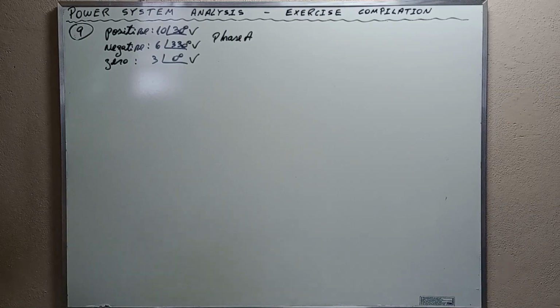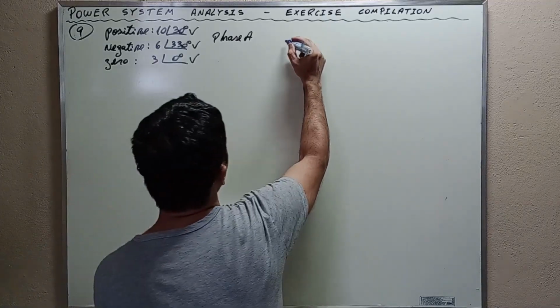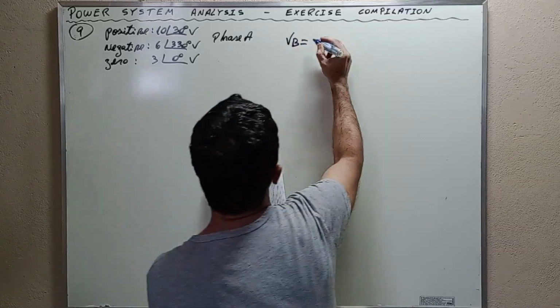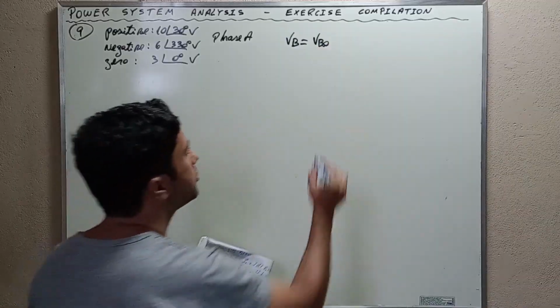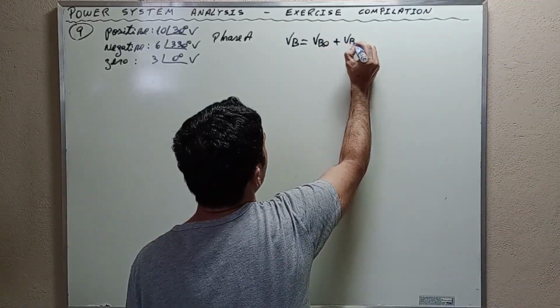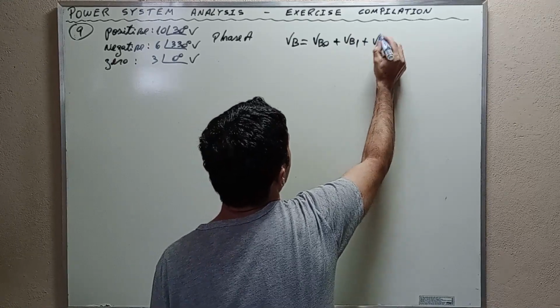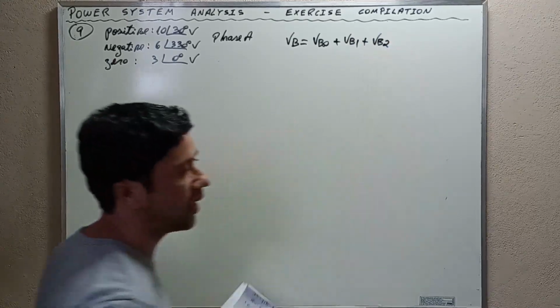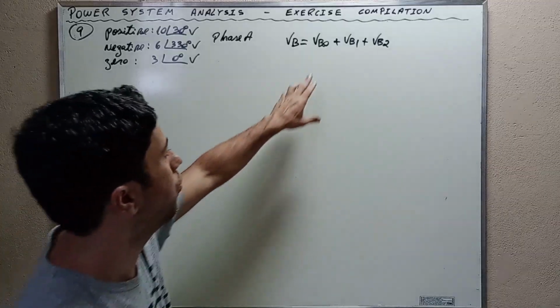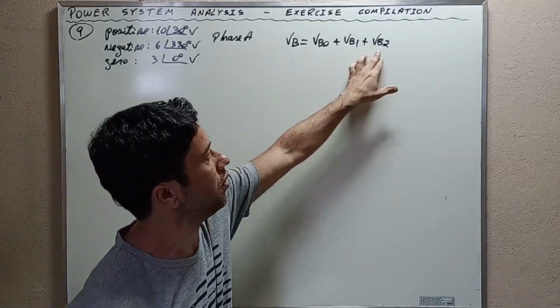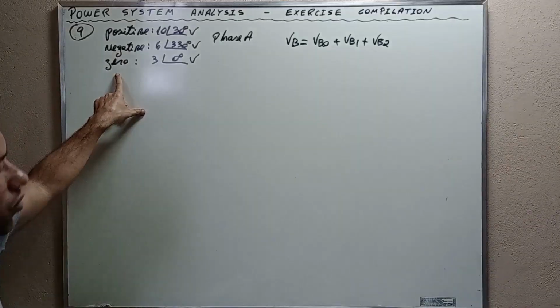The voltage at phase B can be calculated, in accordance to Fortescue theorem, as VB is equal to VB of zero sequence plus VB of positive sequence plus VB of negative sequence. But there is a catch here. We can relate this with this, okay?